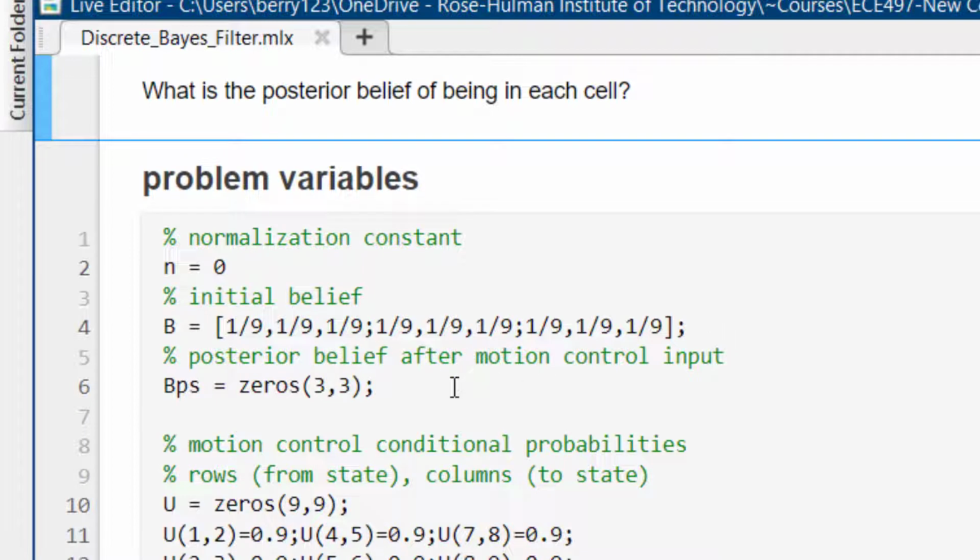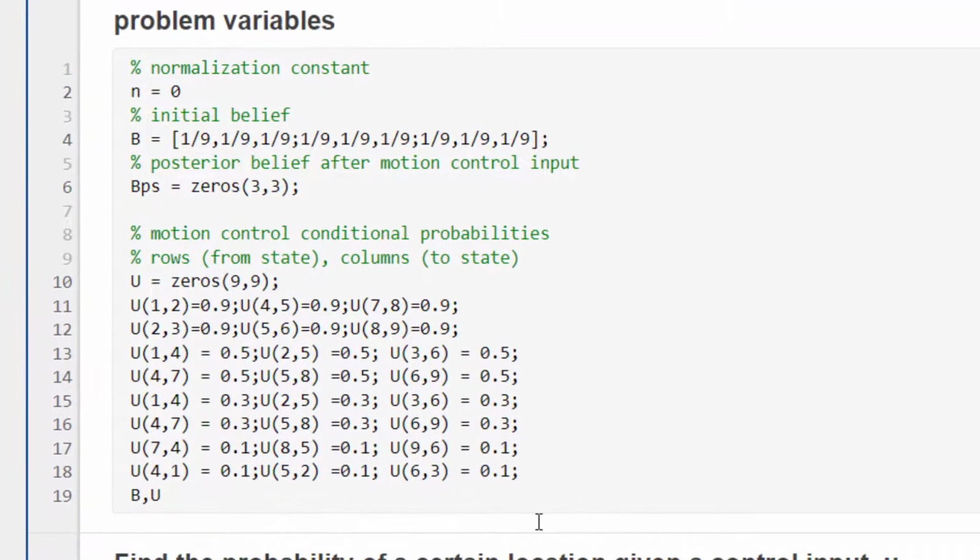Then we initialize our posterior belief after the motion control as BPS, which is zeros in a 3x3 grid. Down here, I insert all of my possible probabilities based upon the robot's current location and where it's going to, where I'm calling the rows the from state and the columns the to state. So it's a 9x9 matrix.